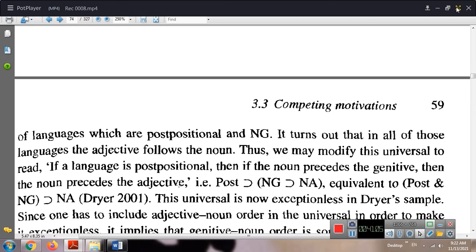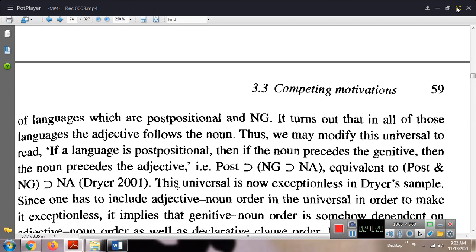Here we have a complex implicational universal because we consider more than two parameters. If a language is postpositional, then if the noun precedes the genitive, then the noun precedes the adjective. We show the complex implicational universal in this way.